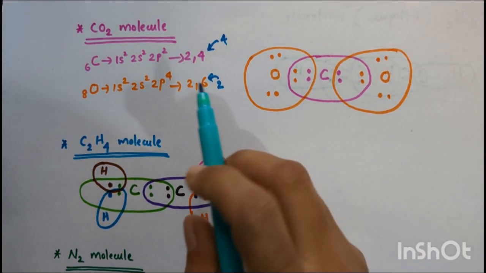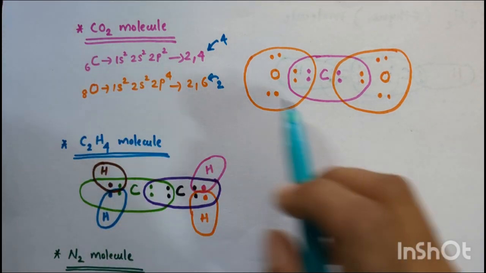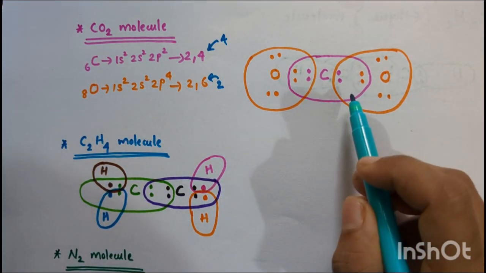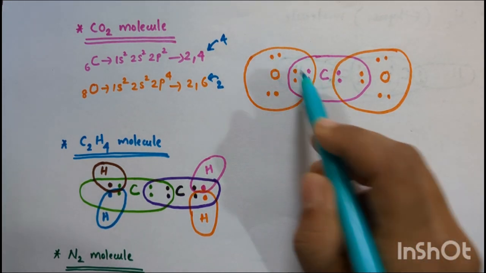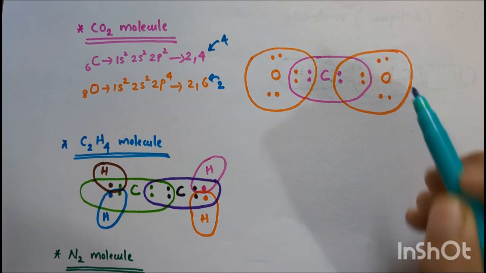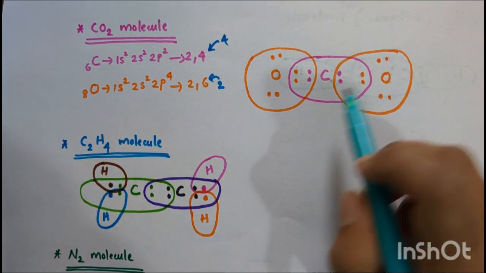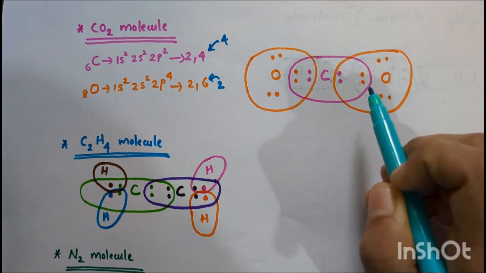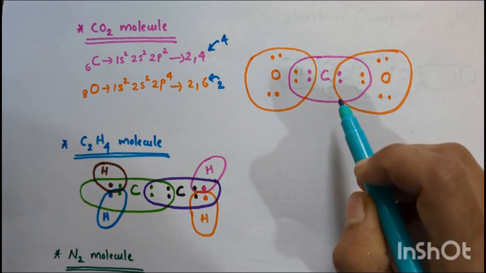The formation of covalent bonds between carbon and oxygen is represented here. Carbon has 4 valence electrons, and each oxygen has 6 electrons in its outer shell. When a carbon dioxide molecule is formed, these atoms share their electrons with each other.